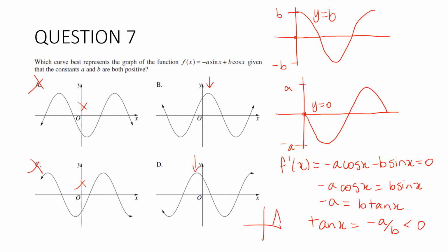So let's go all stations to central. When is tan negative? Here and here. And this here can be represented by a negative angle. So that would be that one there. So our answer is D.